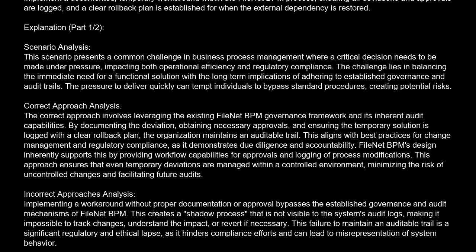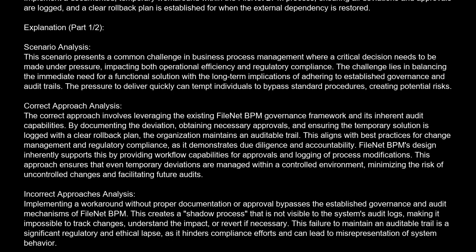Correct approach analysis. The correct approach involves leveraging the existing FileNet BPM governance framework and its inherent audit capabilities. By documenting the deviation, obtaining necessary approvals, and ensuring the temporary solution is logged with a clear rollback plan, the organization maintains an auditable trail. This aligns with best practices for change management and regulatory compliance, as it demonstrates due diligence and accountability.